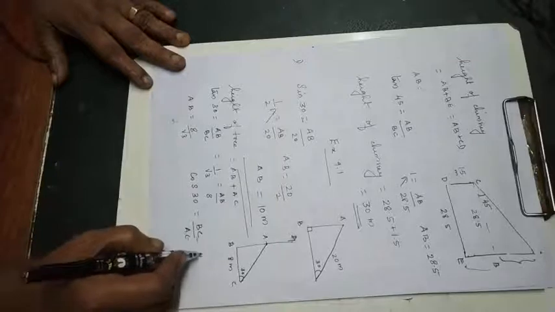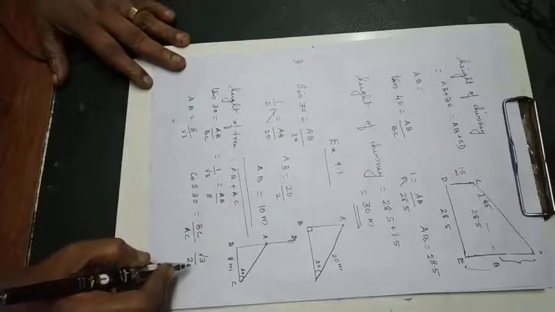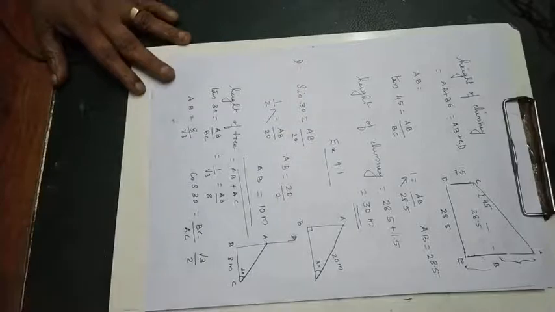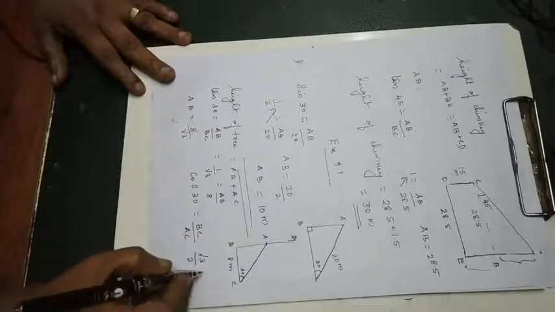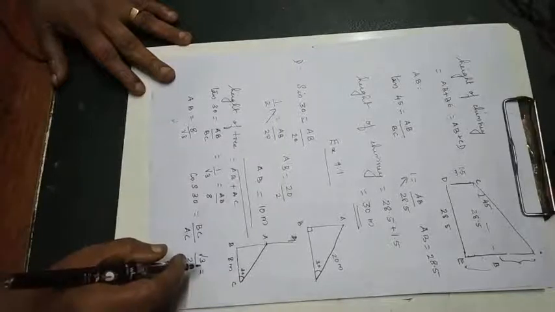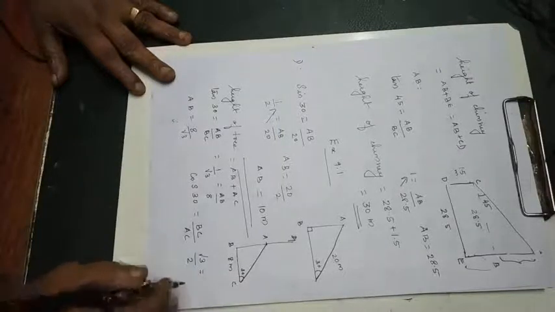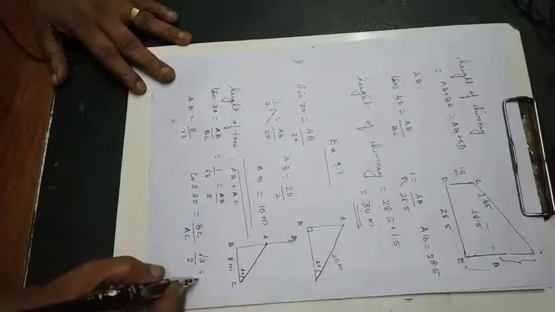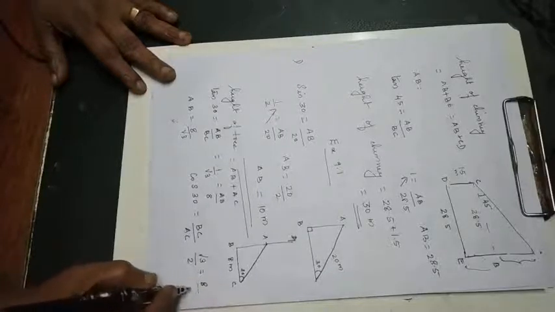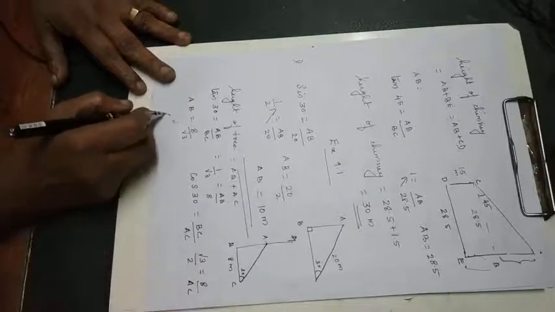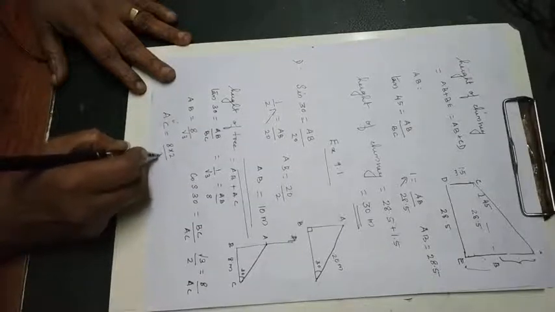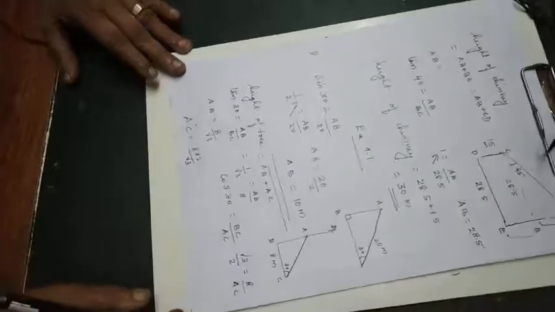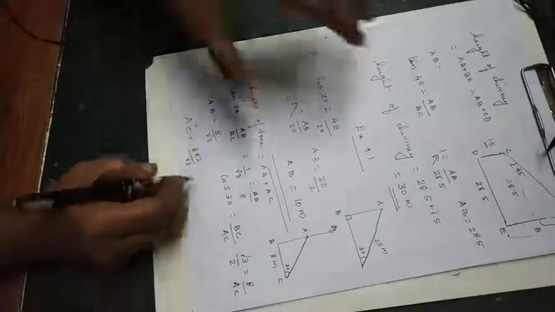Cos 30 means root 3 by 2. So root 3 by 2 is equal to 8 by AC, or AC is equal to 8 into 2 by root 3. So 16 by root 3 you will get.